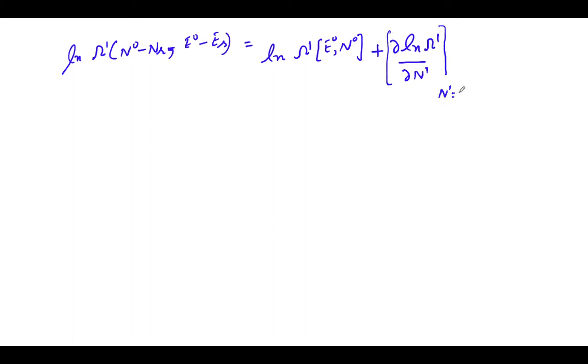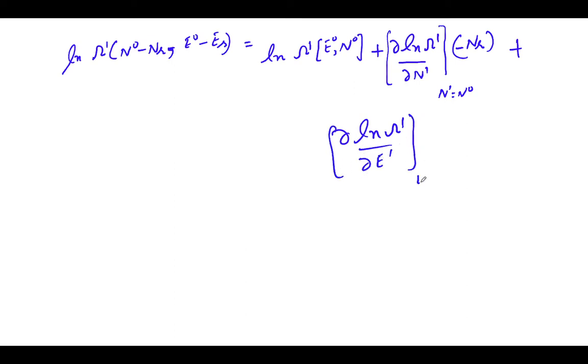At the most probable state, N' will be equal to N0, because the value of Ns is very small as compared to Ns'. Then we will take minus Nr plus ∂log Ω'/∂E'.